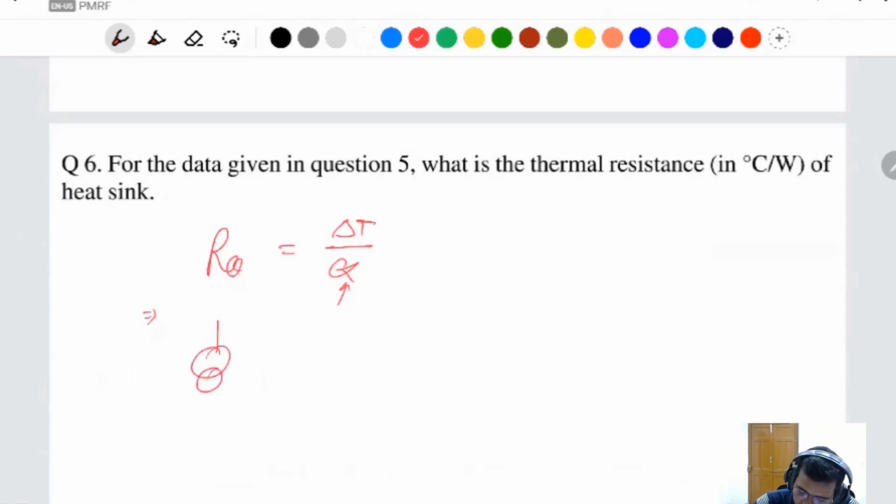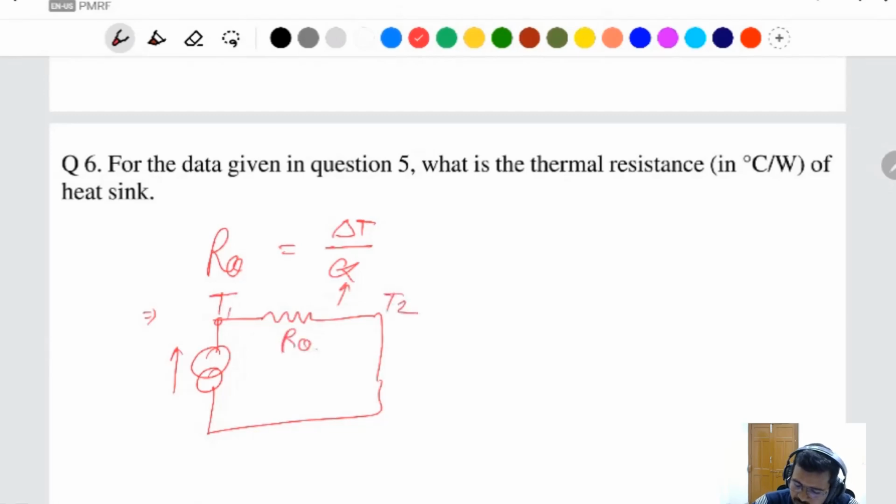This is the current, this T1, T2 or theta. Same thing, T1 minus T2 divided by Q. The resistance.